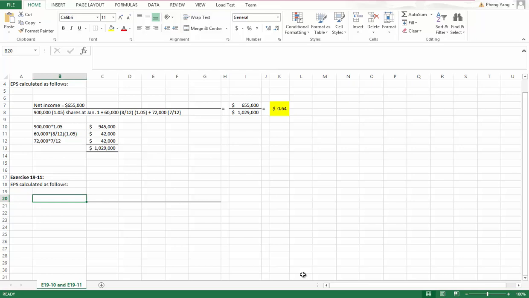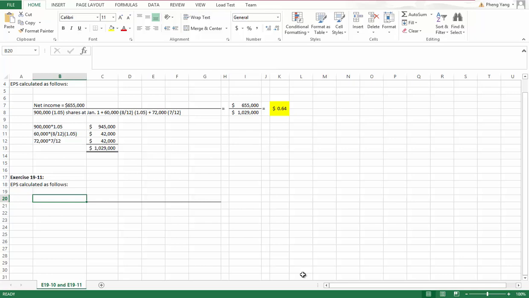So they gave us 2013 and 2014 transactions. And the requirements are to determine the EPS for 2013 and determine the EPS for 2014. And for requirement 3, what amount will the 2013 EPS be presented in the 2014 comparative financial statements?